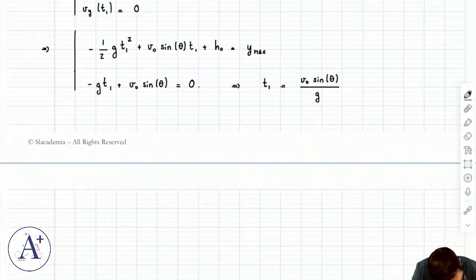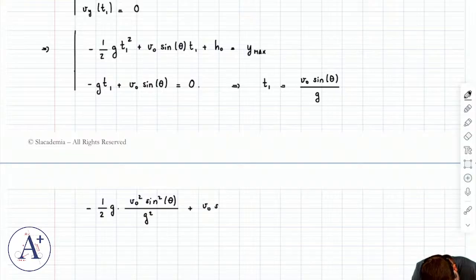So then I'm going to say, all right, apparently minus 1/2 of G times V0 squared sine squared of theta over G squared, that's T1 squared, plus V0 sine theta times V0 sine theta over G plus H0 is equal to Y max.